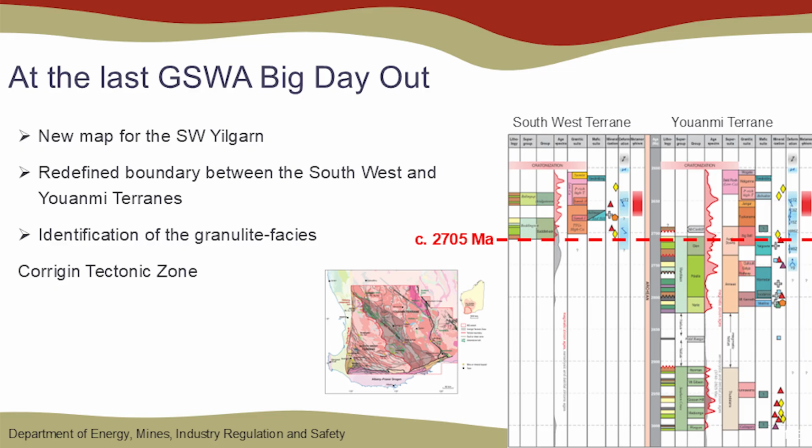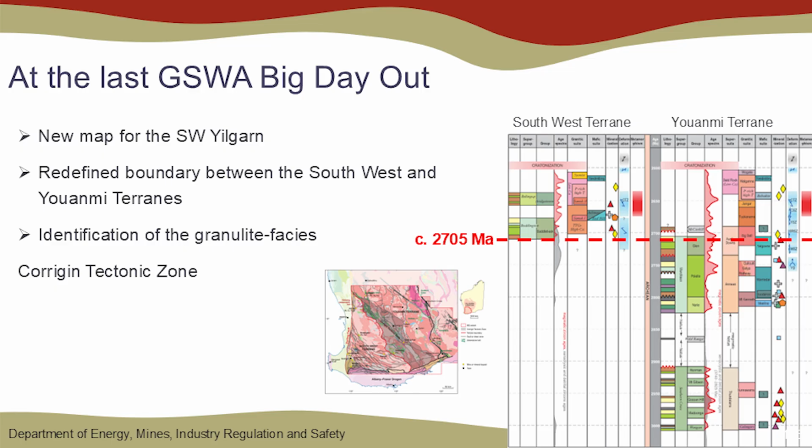So back then, one of the arguments for the redefinition of the boundary was the geochronological argument, in which we could not identify, or didn't know from the published geochron data, that the southwest terrain contained these old rocks that are well characterized in the UNME terrain.